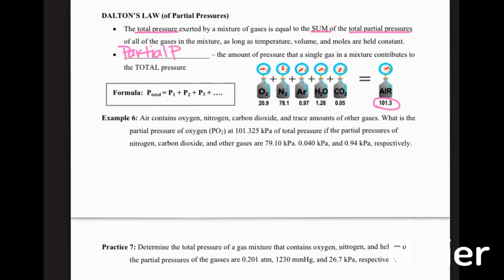That's the individual pressure that a single gas is contributing, and that's what this little capital P is. Then we write a little subscript at the bottom for whichever gas it is, so that tells us which gas is which.